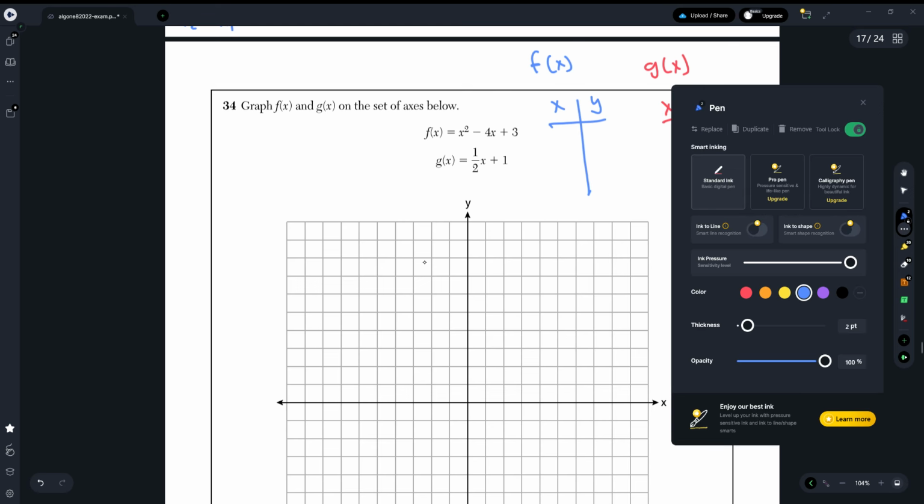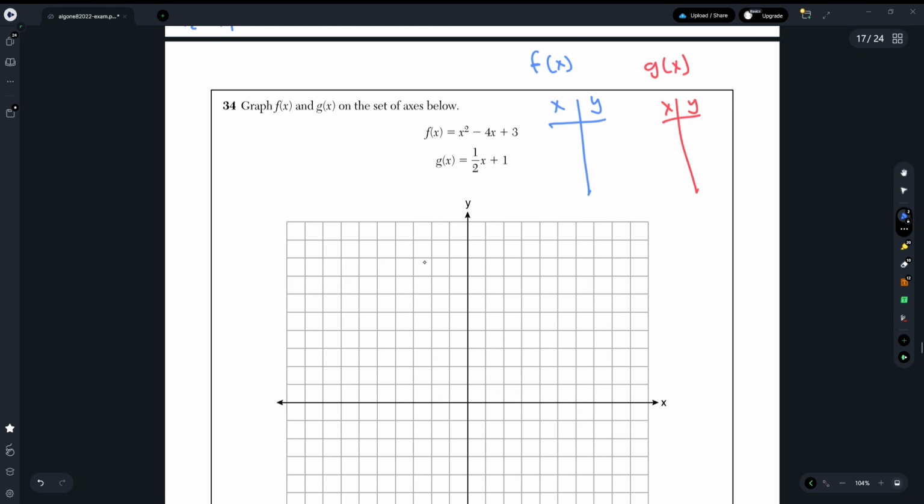Okay, cool. So if I look at my table for f of x, which is the thing that I graphed first, at 0, it's going to be 3. At 1, it's going to be 0. At 2, it's going to be -1. At 3, it's going to be 0, right?